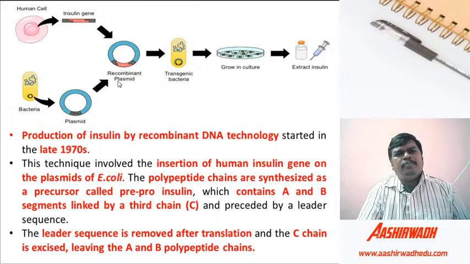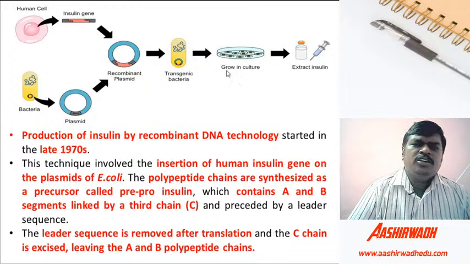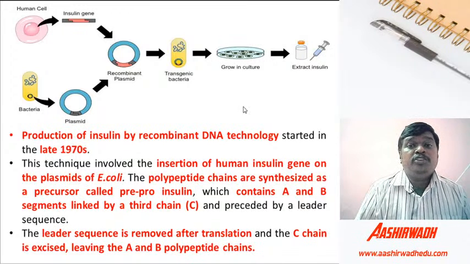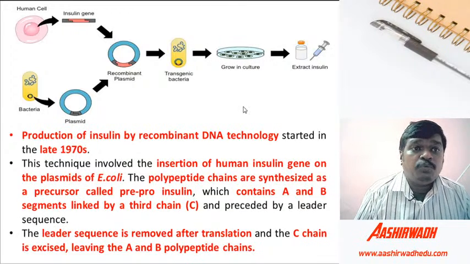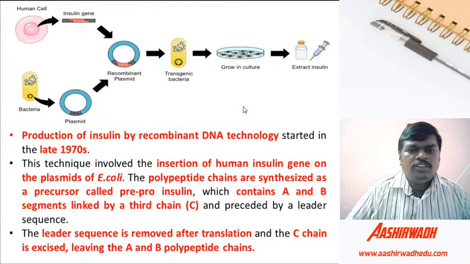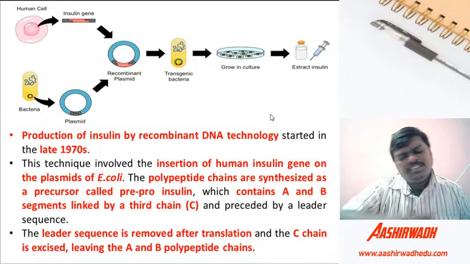This recombinant plasmid is inserted into the host cell bacteria, and the bacteria are allowed to culture. Once cultured in bioreactors, they can produce a lot of insulin, because the bacteria are incorporated with the human insulin gene. The insulin can be extracted, and after downstream processing it is used for human treatment.